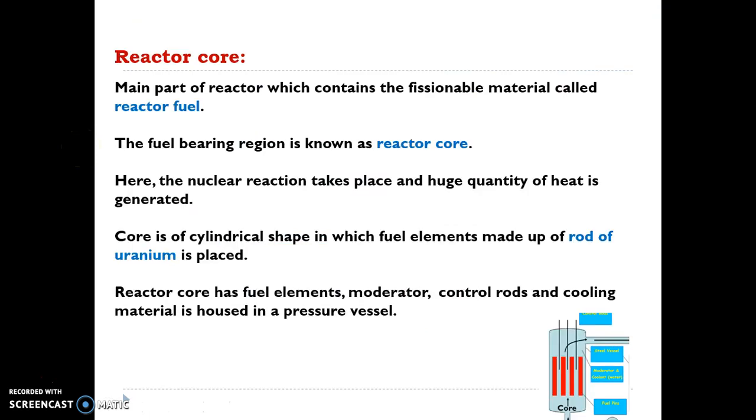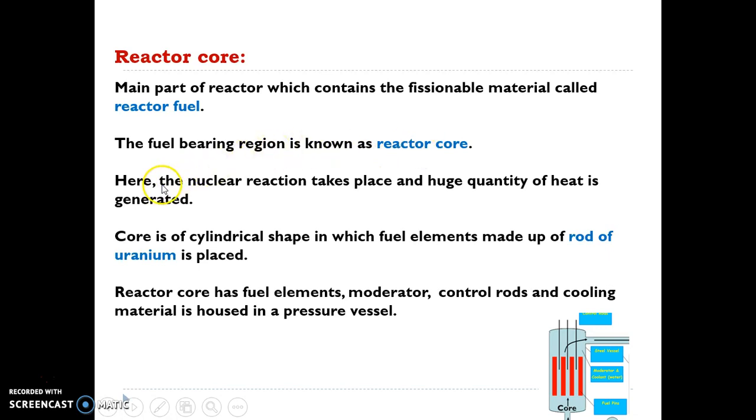Now we are going to see what the parts are and what their function is. As we have seen, the first part is the reactor core, and it is made up of steel vessel, moderator, fuel pins, etc. The reactor core is the main part of the reactor which contains the fissionable material known as reactor fuel. The fuel bearing region is known as the reactor core.